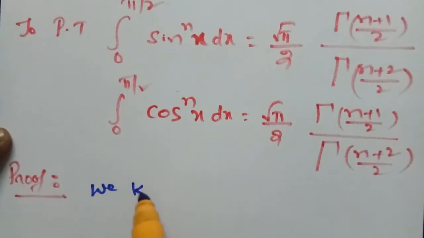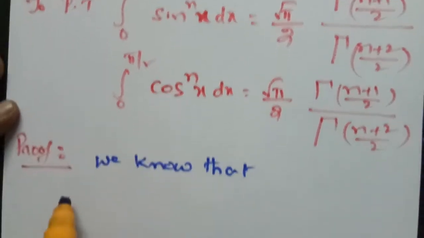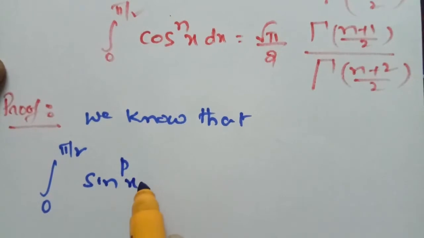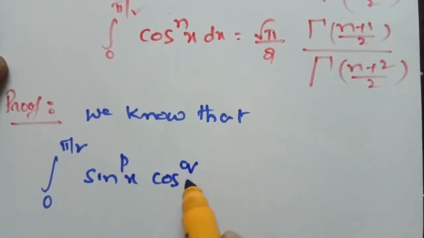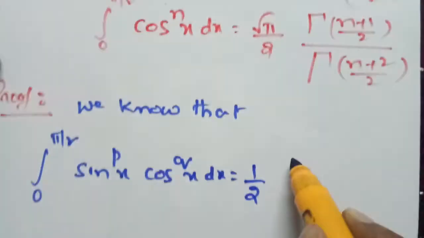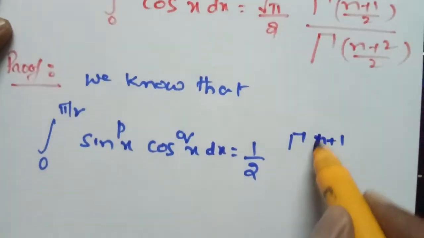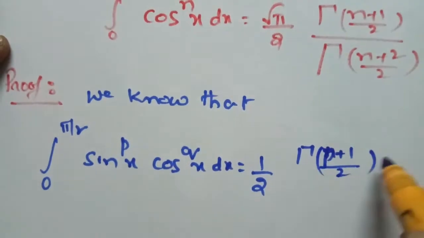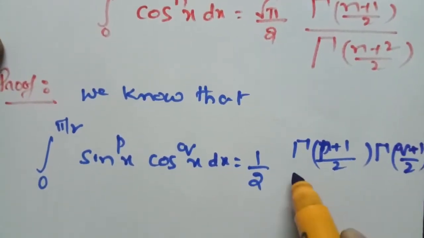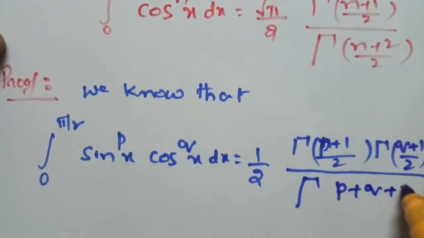We already proved that integral 0 to pi by 2 sine to the power of px into cos to the power of qx dx is equal to 1 by 2 into gamma (p plus 1) by 2 into gamma (q plus 1) by 2, whole divided by gamma (p plus q plus 2) by 2.